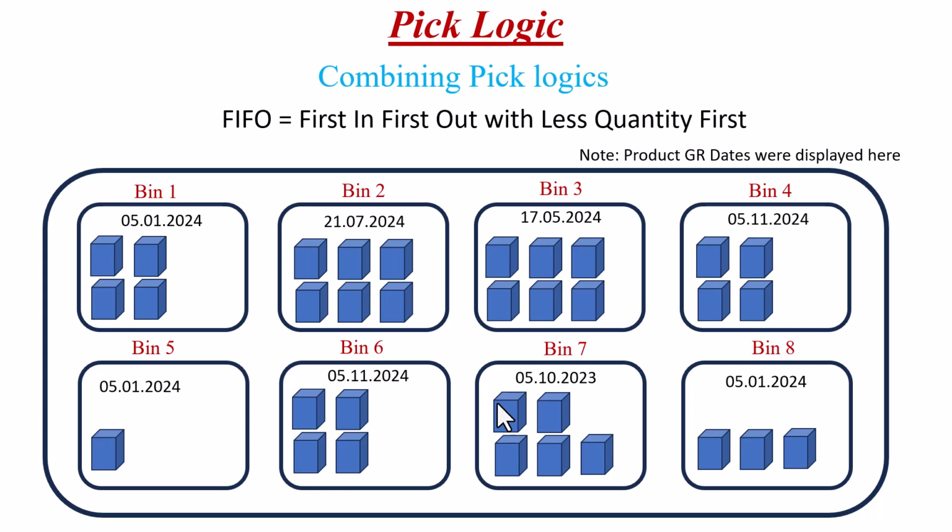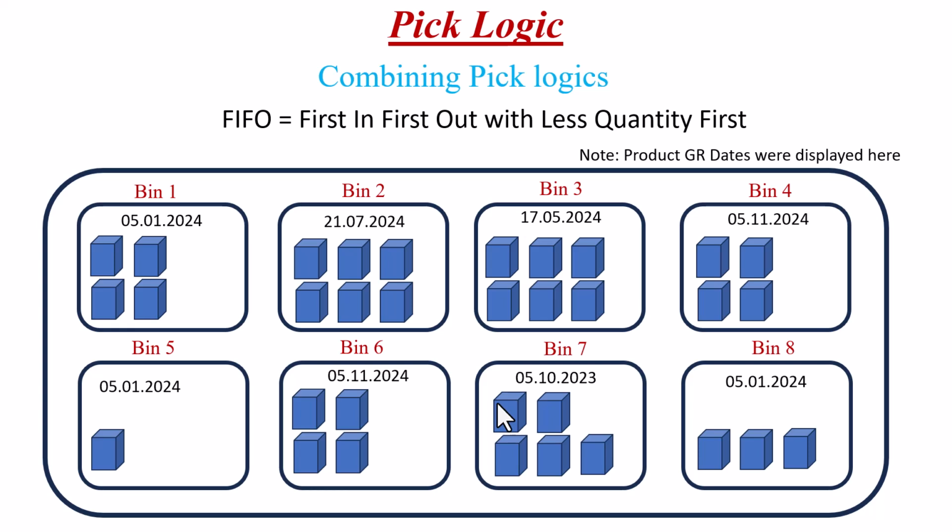So let us take this example: I have bin 1, bin 2, bin 4, and so on, 8 bins were there. Whatever dates you are seeing in the bins are nothing but the GR dates, the goods receipt dates.